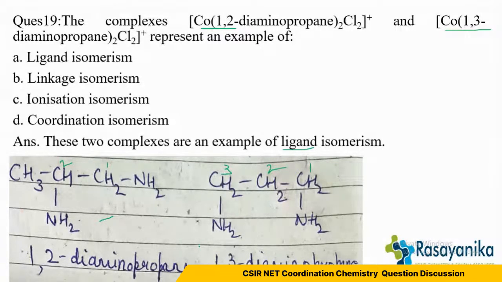So this is an example of ligand isomerism, where the coordination will be from the nitrogen only, which has lone pairs. Similarly here also, but the attachments of the ligand are different. That is why it is an example of ligand isomerism. So this is the question, ligand isomerism. This is the correct answer, A.